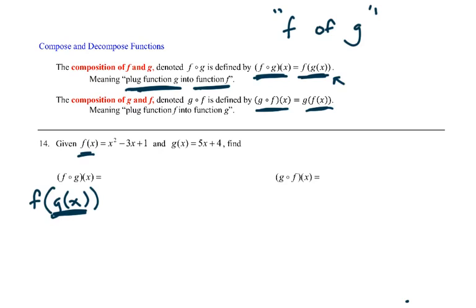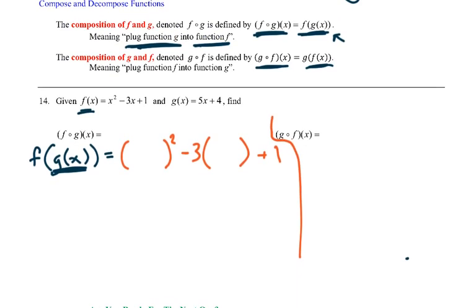So f of g of x is going to be, I have my x squared minus 3 times x plus 1. Okay, so what I am plugging in for my x values for my f of x is my g of x, which is 5x plus 4.